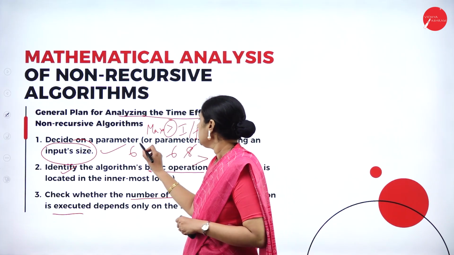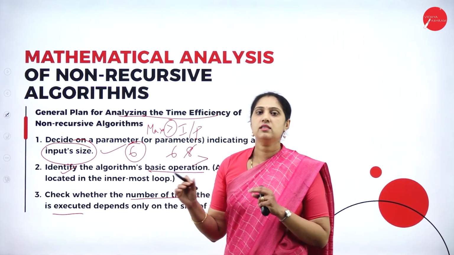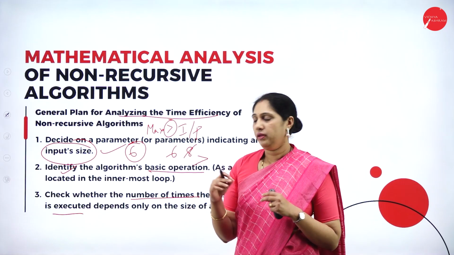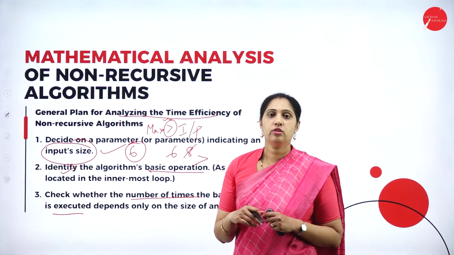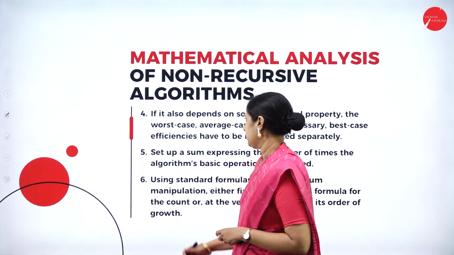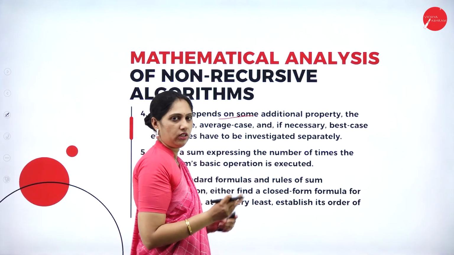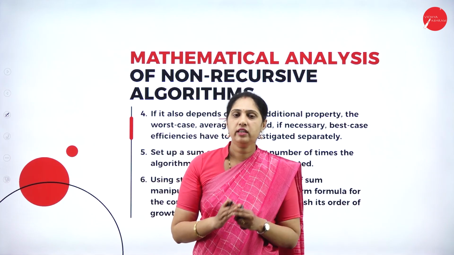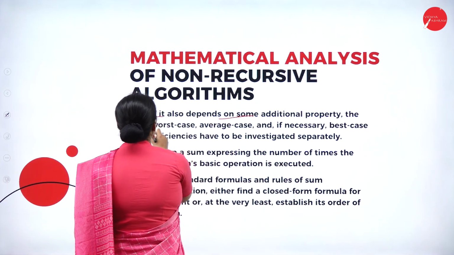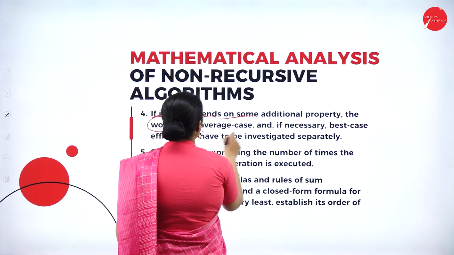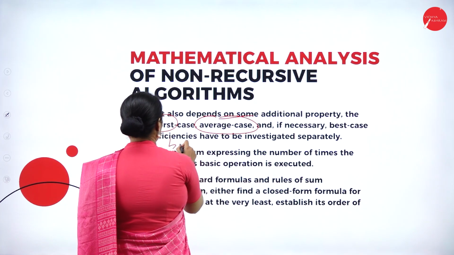I told you for 6 elements, 6 comparisons have to be done. My basic operation is the greater than symbol and how many times is it executed? 6 times, right? Next, we know the input size and how many times the basic operation is executed. Now we have to analyze the worst case, average case, and best case too.